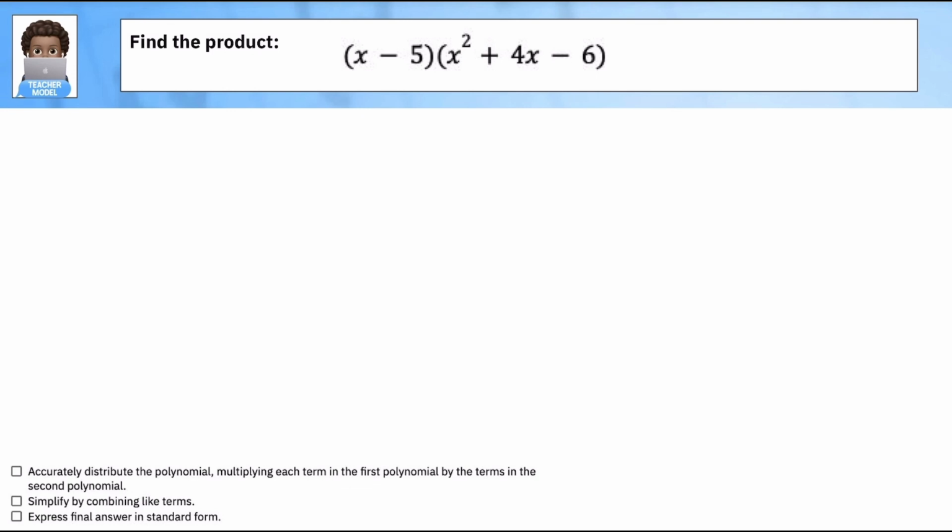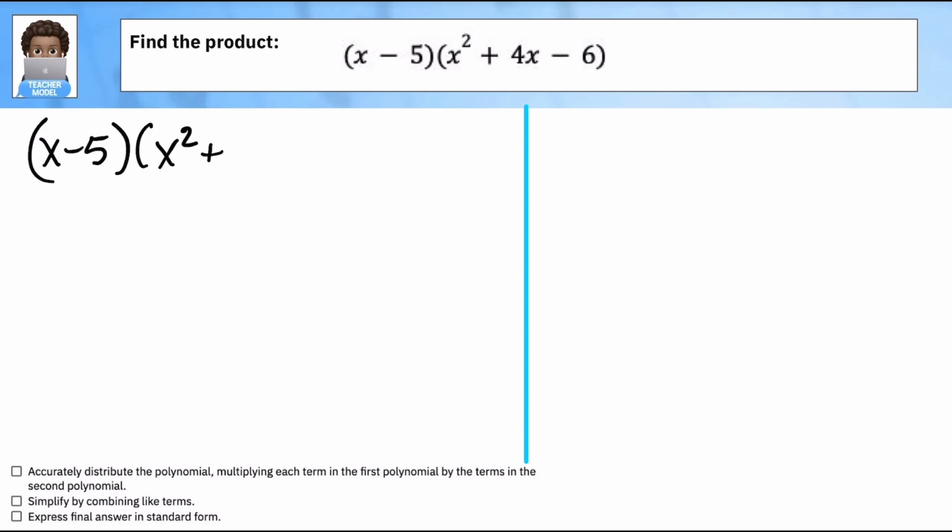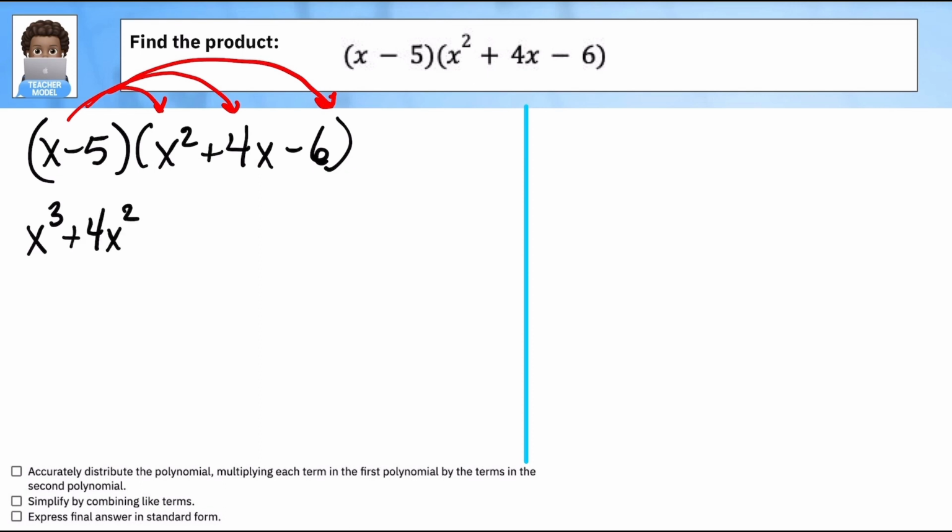I'm going to show you in both ways again. So I'm going to start with just distributing. And I'm just starting again with our first term x. This time I'm just putting in the answer. So x times x squared is x to the third. x times 4x is 4x squared.